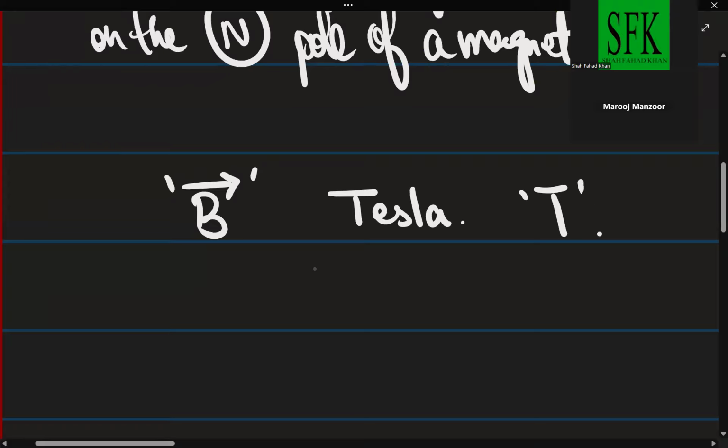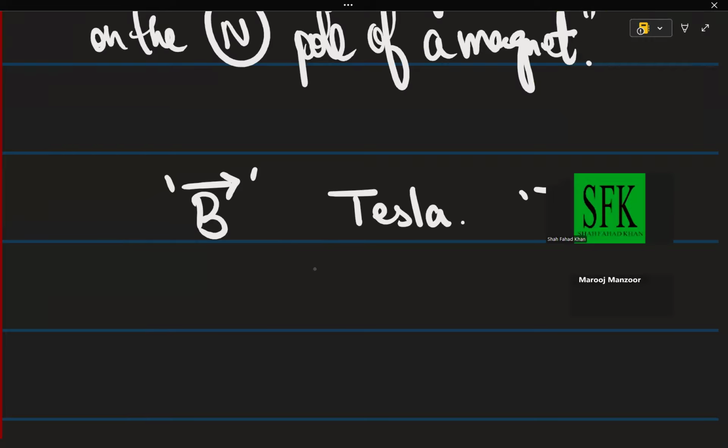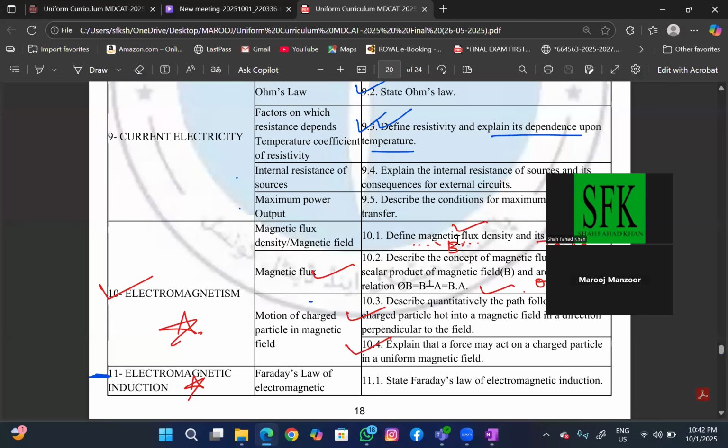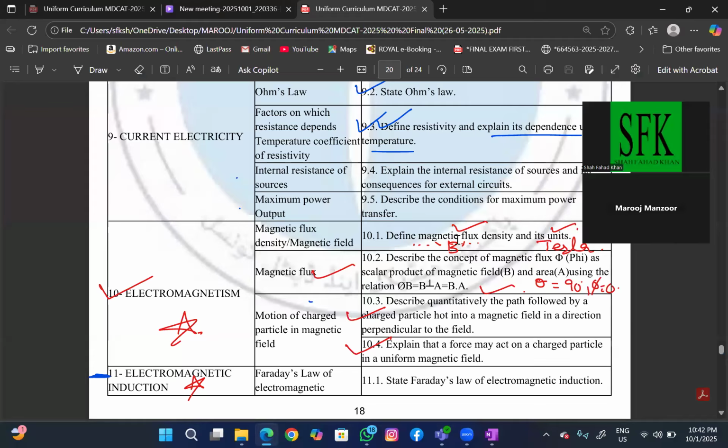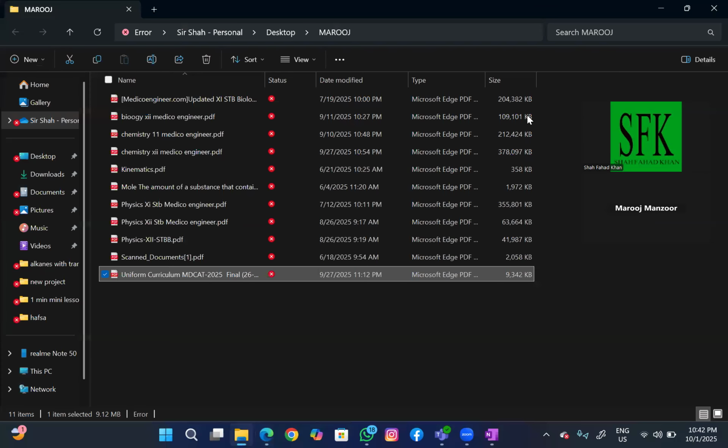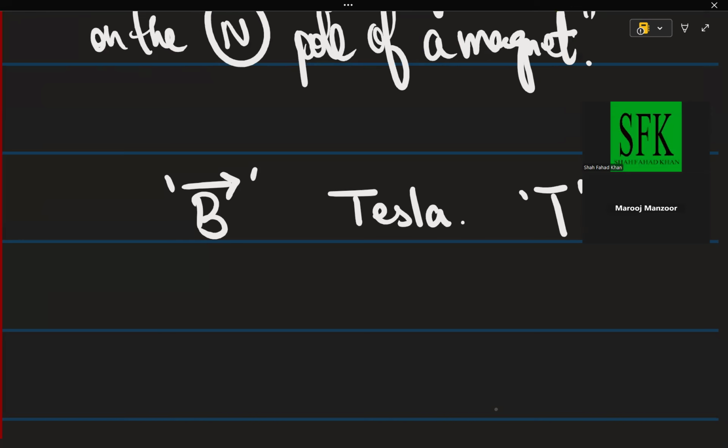That's magnetic flux density. Apart from magnetic flux density, we also need to understand what magnetic flux is. Magnetic flux is a scalar quantity. Magnetic flux is different from magnetic flux density.